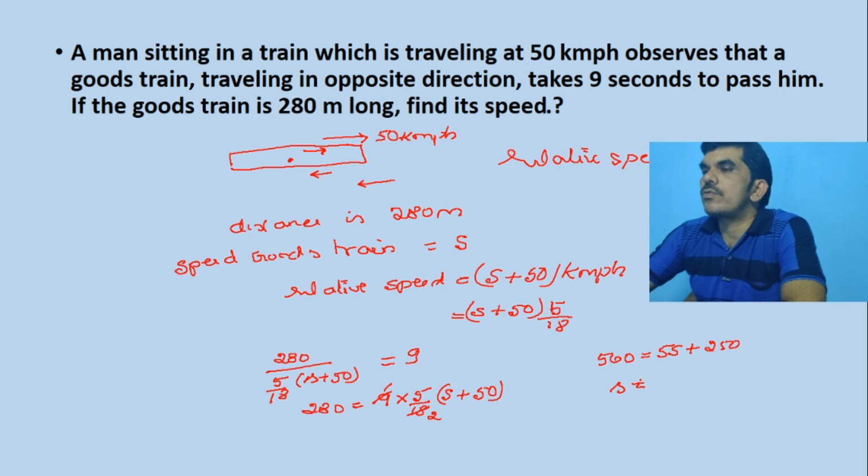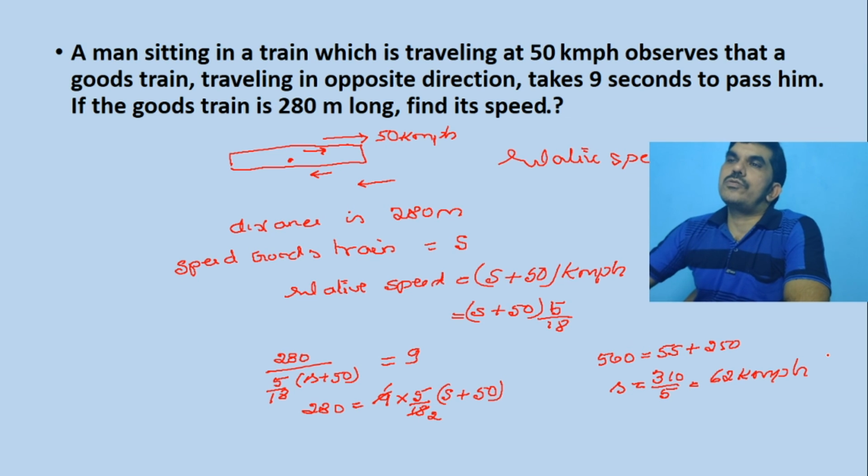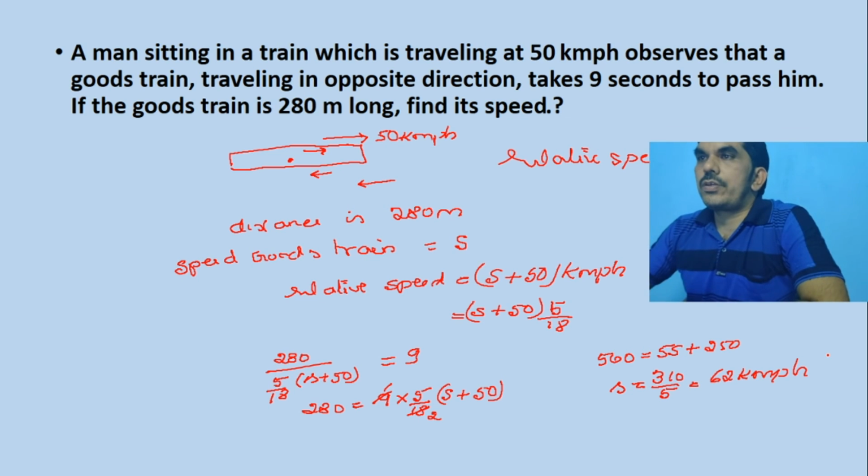So S is equal to 560 minus 250, which is 310 by 5, equal to 62 kmph. So the speed of the goods train is 62 kilometers per hour.